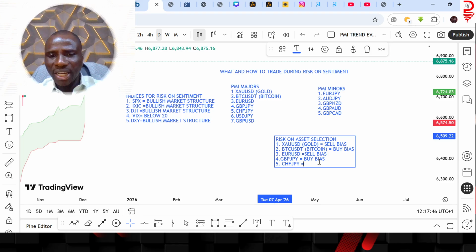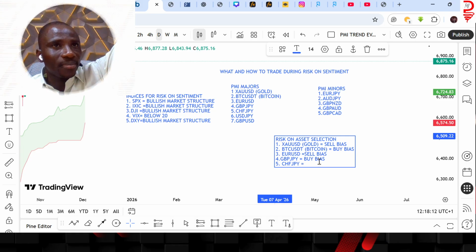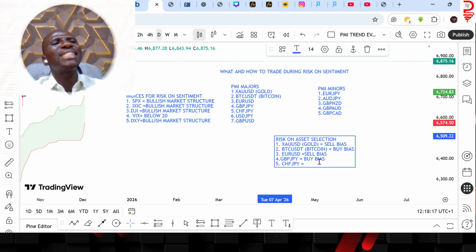Currently, CHF has a 0% interest rate, and this 0% interest rate is ordinarily expected to mean that capital will be flowing away from CHF, technically. But when a country has a 0% interest rate, among the majors, that means that country is the safest safe haven when it comes to forex trading. Let me repeat that.